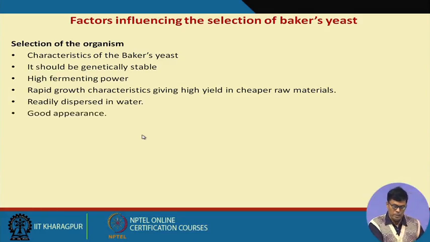Then good appearance, because whenever we go to the market and purchase any kind of product, the appearance of the product is also a very important factor. So, from the appearance you have to see whether it is good or bad. Usually yeast should look a perfect white color, but if it is a different color, maybe it is due to some contamination problem.